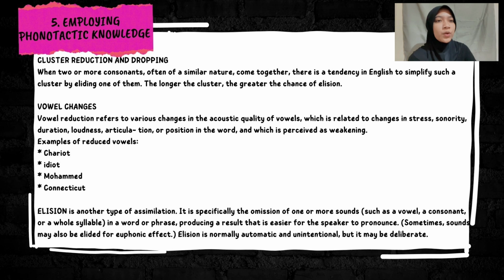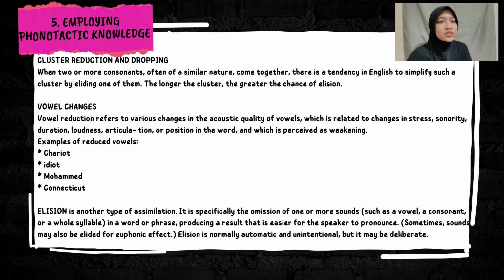And the third one is about vowel changes. Vowel reduction refers to various changes in the acoustic quality of vowels, which is related to changes in stress, sonority, duration, loudness, articulation, or position in the word, and which is perceived as weakening.